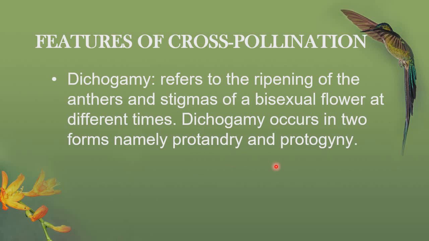Number one, protandry, and number two, protogyny. Now, what is protandry? Protandry refers to the condition in which the anthers of a flower mature earlier than the stigma of that flower or other flowers of the same plant. In protandry, the anthers mature earlier than the stigmas, while in protogyny, the stigmas mature earlier than the anthers, just the opposite of protandry.